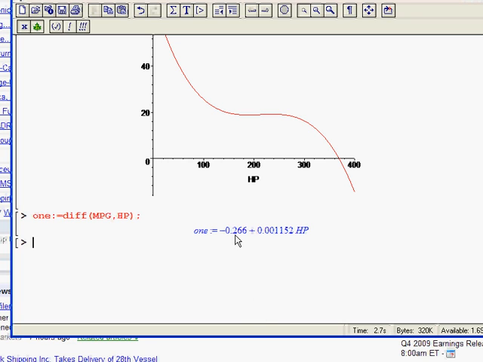What this tells me is the slope of the relationship between horsepower and miles per gallon is equal to this. Now, it depends on what horsepower you plug in. If I plug in 100 horsepower, then what is that going to give me? Minus 0.266 plus 100 times this number. 100 times, move the decimal place twice.